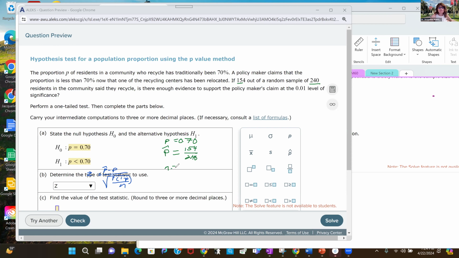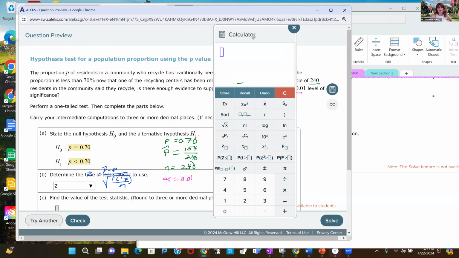So N is 240. And of course, alpha is 1%. Okay.